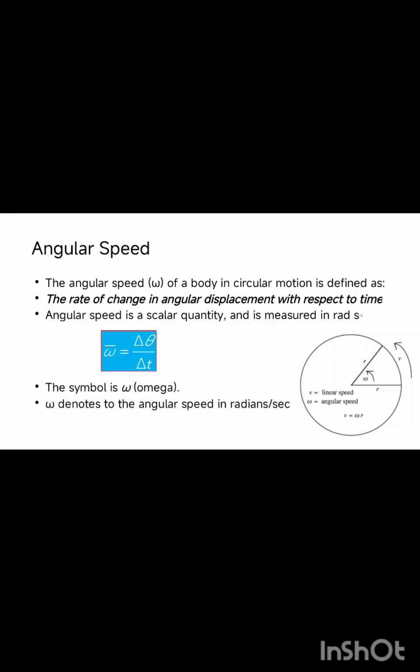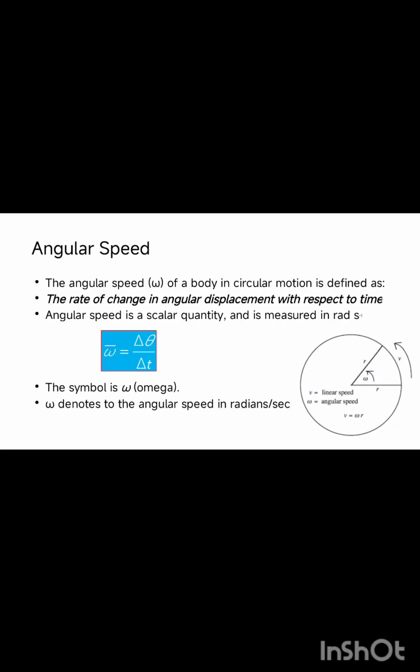In this formula, theta represents the angular displacement and delta t represents the change of time. So the rate of change of angular displacement is known as the angular speed of the object.